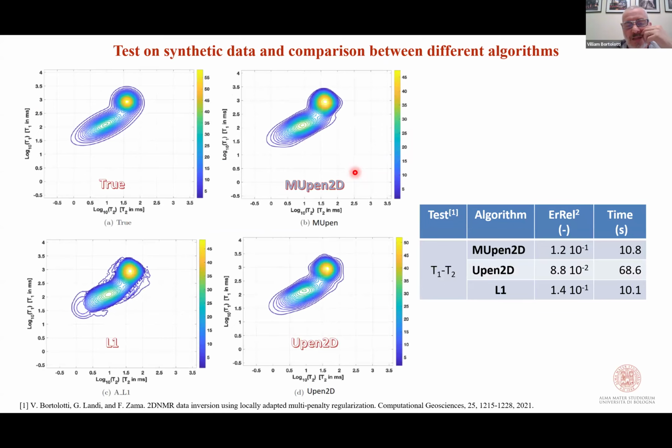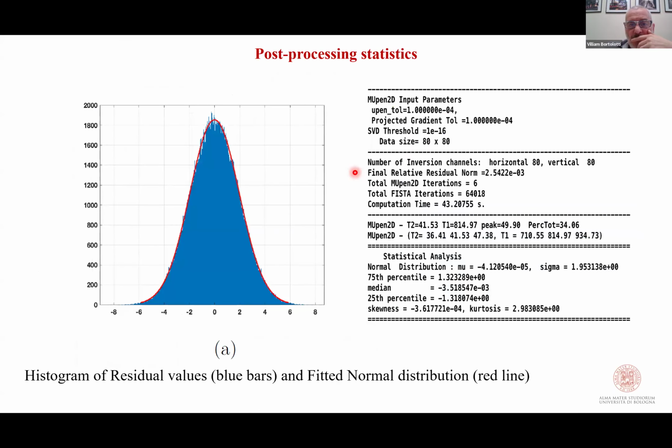We tested with many different software and real and synthetic data over time. We also add some information about the statistics in order to have information about the quality of the data. If our fit is correct, the residual, the error, the difference between each point of the acquired data and the point computed by the software, should, if everything goes correctly, follow a Gaussian distribution, not too large.